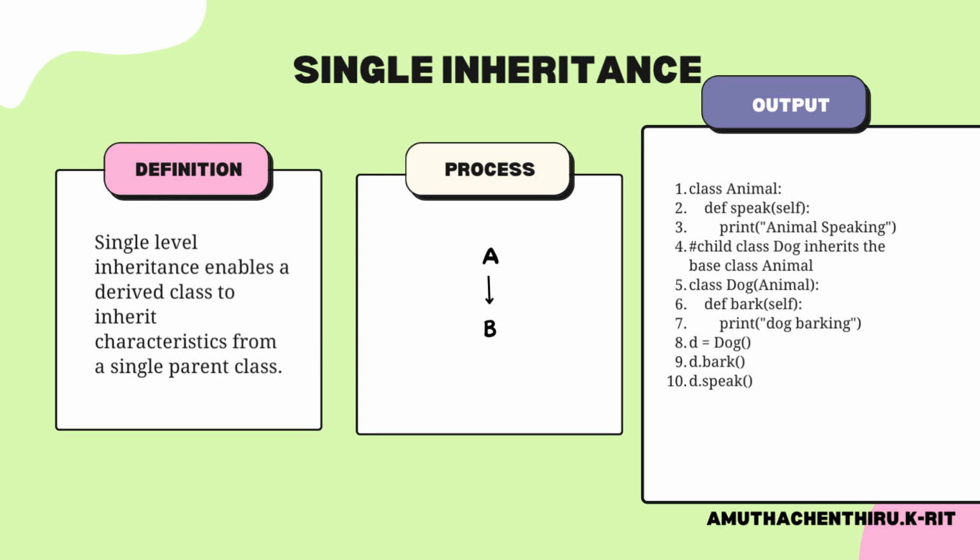Then we created a child class dog that inherits the parent class animal. Within this class, we created a function bark with the print statement dog barking, and create an object d by calling the class name dog. So d dot function name.